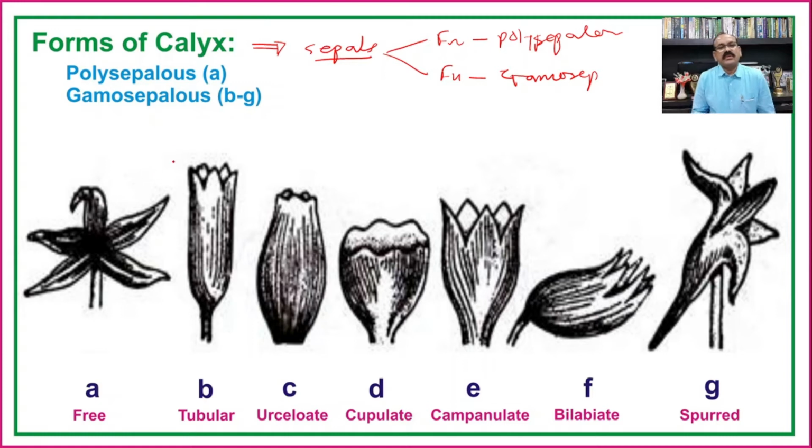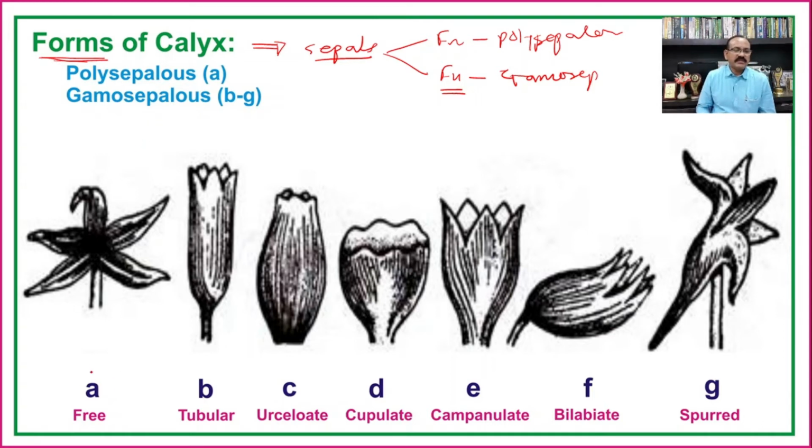If there are fused sepals, then there is a formation of different shapes of the calyx, and these different shapes are known as forms of the calyx.